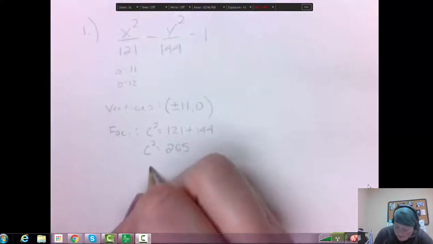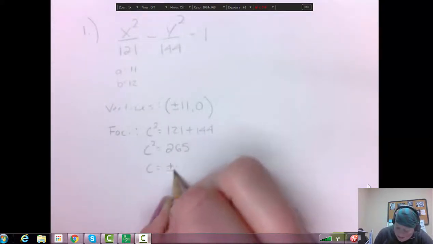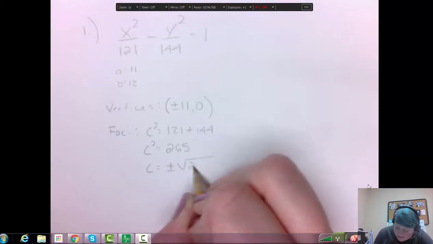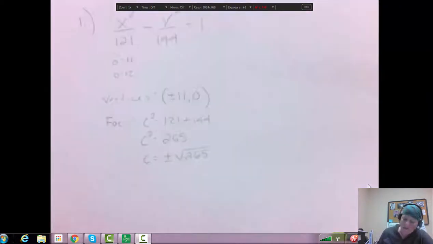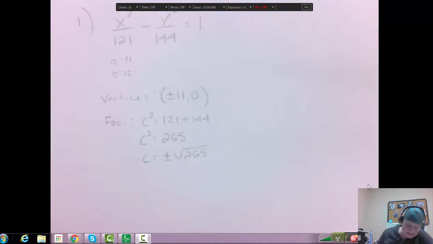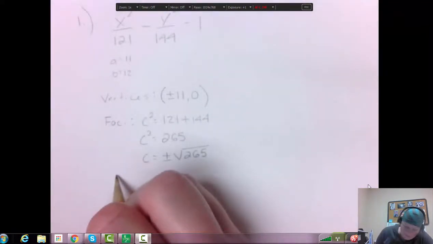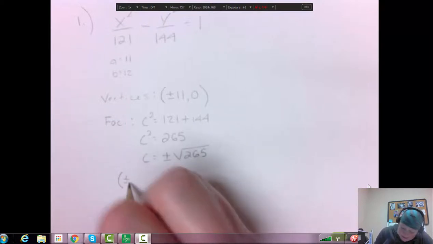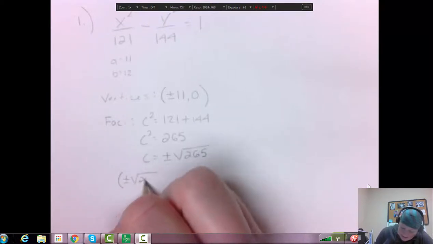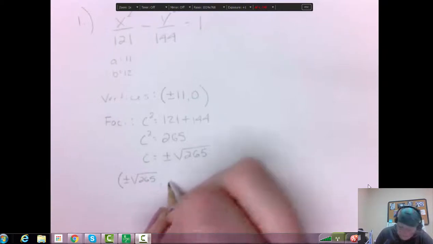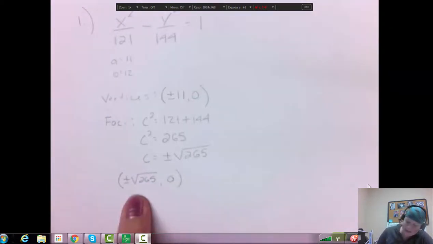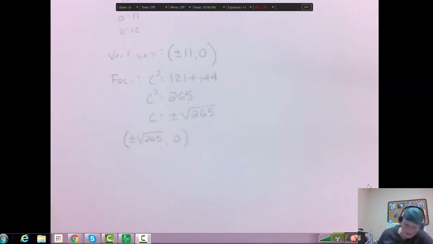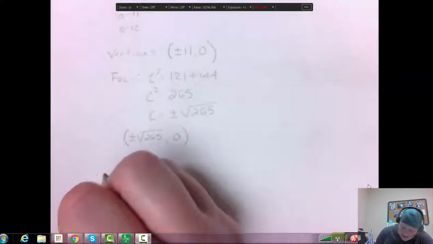Take the square root, and you get plus or minus, don't forget the plus or minus, square root of 265. We would put that as our point, and our point on the horizontal is going to be plus or minus the square root of 265, 0. It's in the x position. Okay, so that's our foci. And our last thing is our asymptote.